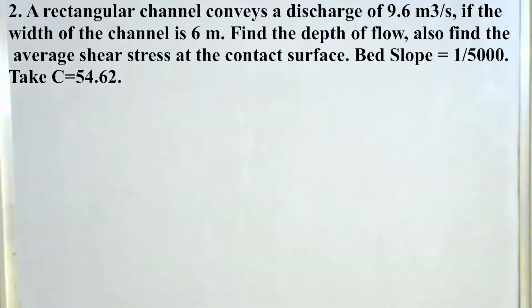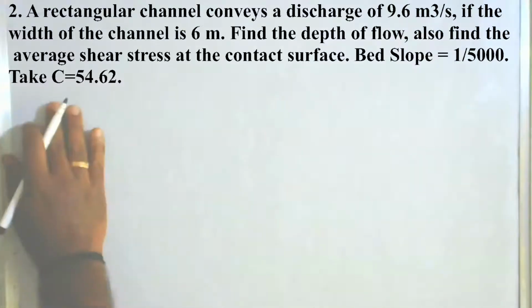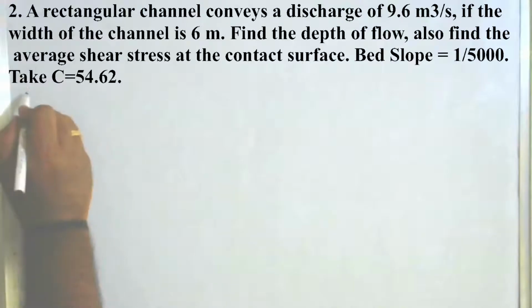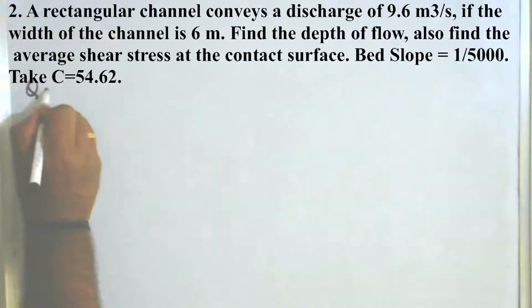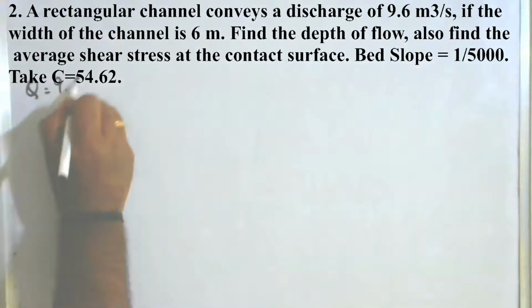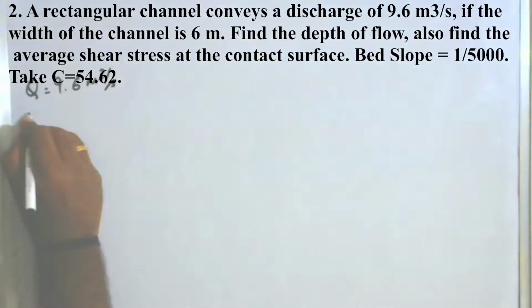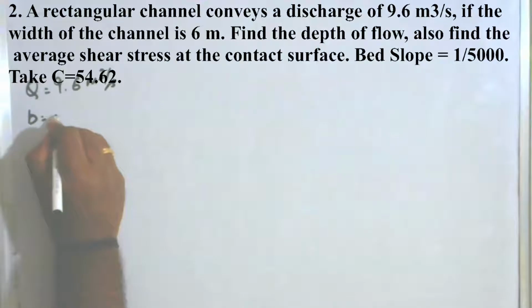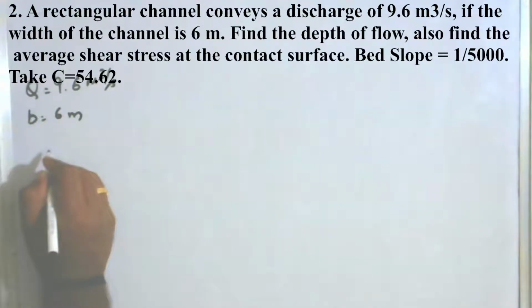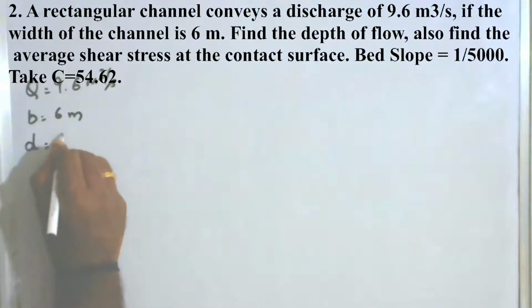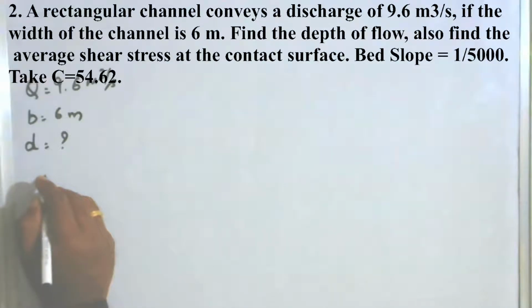You just write down the given data in your problem. That is, discharge Q is equal to 9.6 meter cube per second. The width of the channel B is 6 meter, then depth D you have to find, equals question mark. Also find the average shear stress.